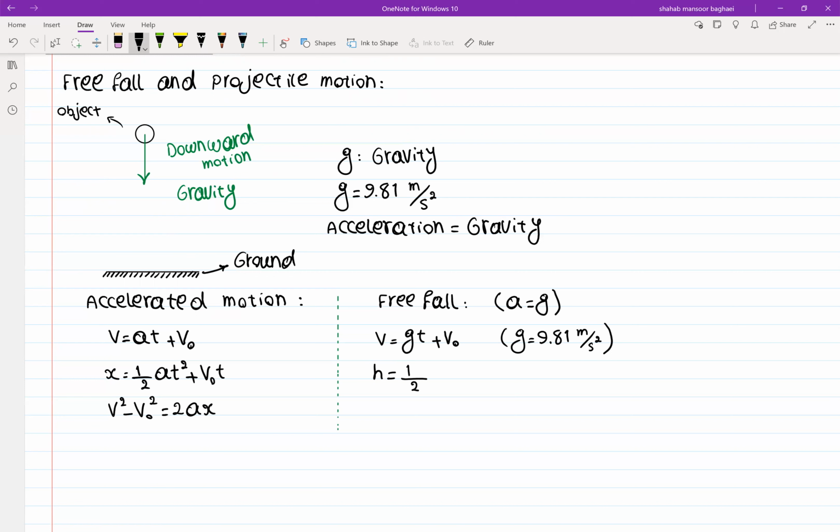Again, you have gravity. You should put g, which is the acceleration of your particle. And v0 is the initial velocity, and the unit is meter per second.